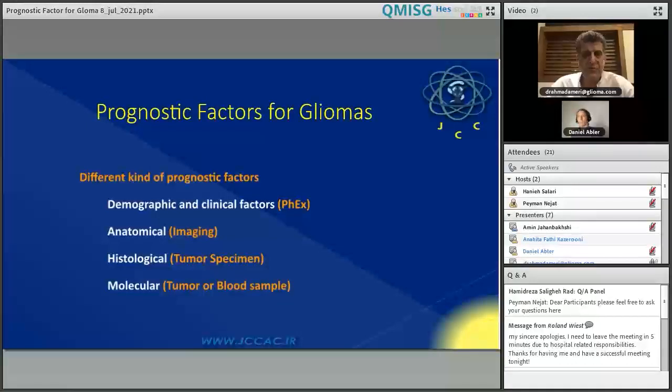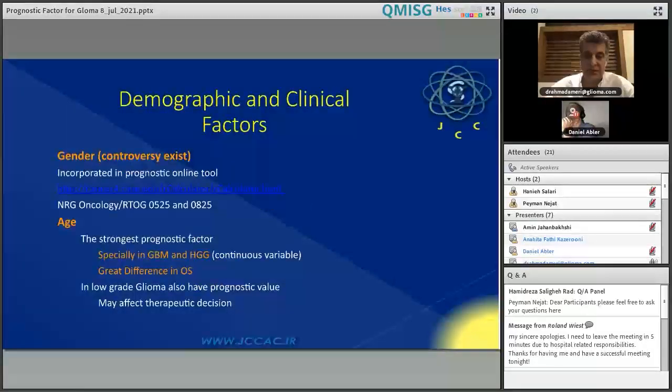Anatomic factors that we usually see in the imaging, including CT scan and MRI, where MRI has a very important role. And the other group is histological factors defined in the tumor specimen by the pathologist. And nowadays, the molecular factors have a special place in defining the prognosis of patients. Usually, we obtain this information from the tumor or blood sample.